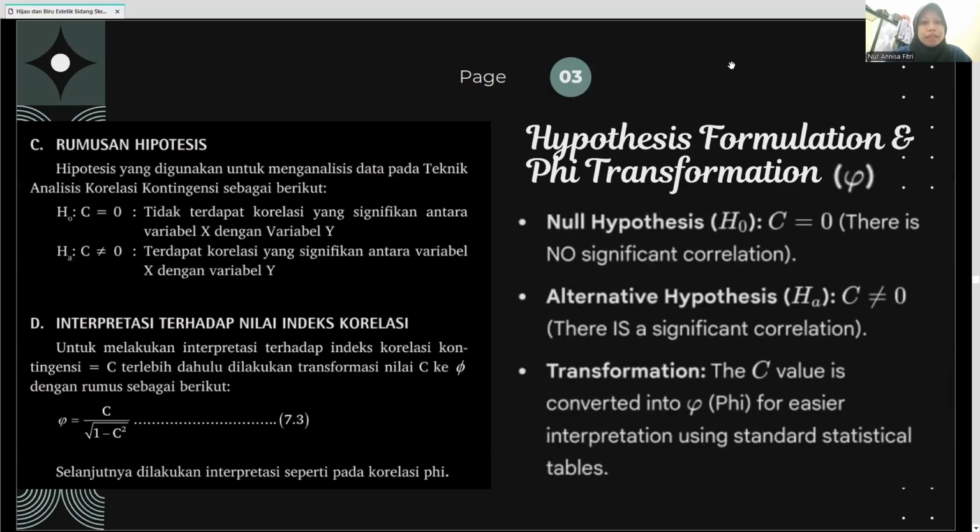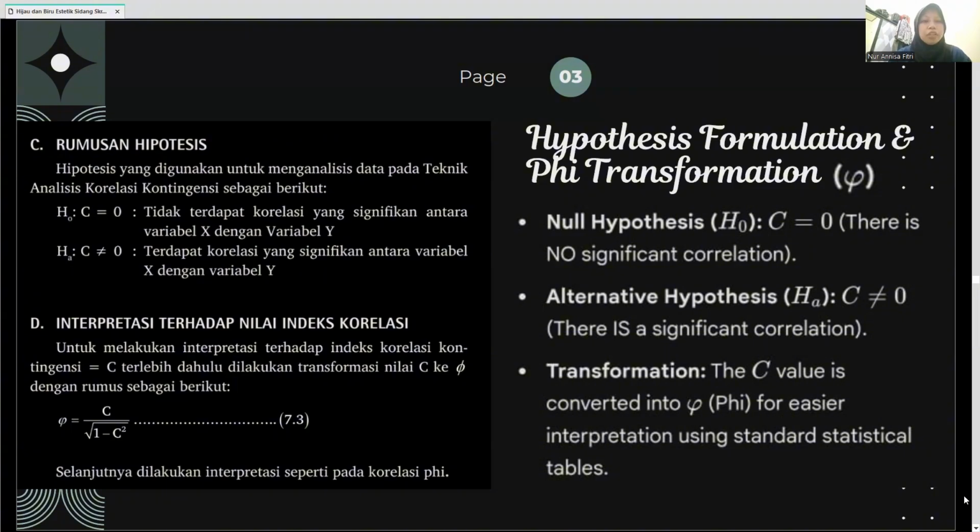Now is hypothesis formulation and P transformation. Before we calculate anything, we must set our hypothesis. The null hypothesis is C equals 0, meaning there is no correlation between the variables. Conversely, the alternative hypothesis states that there is a significant correlation.